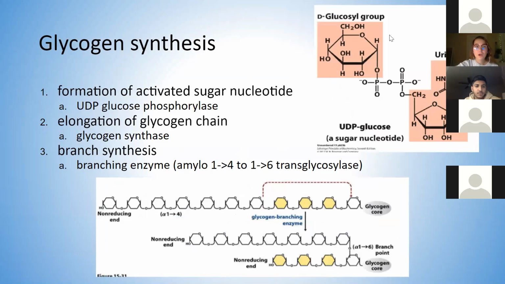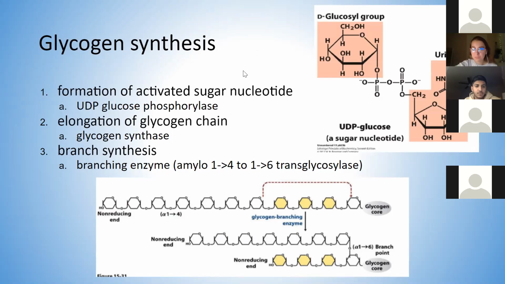Okay. A little bit about glycogen synthesis now. So we essentially covered glycogen synthesis in a 3-step manner. In the first step of glycogen synthesis, we are forming this activated sugar nucleotide.